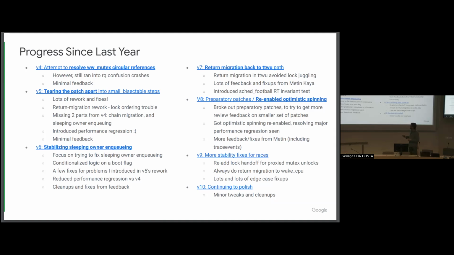For V6, we stabilized the sleeping owner enqueuing. For V7, we went back to the try-to-wake-up return migration path. For V8, we got to enable optimistic spinning on mutexes, and this recovered a lot of the performance that was earlier problematic. V9 has been more about dealing with edge cases and races, and V10 was mostly just polish.